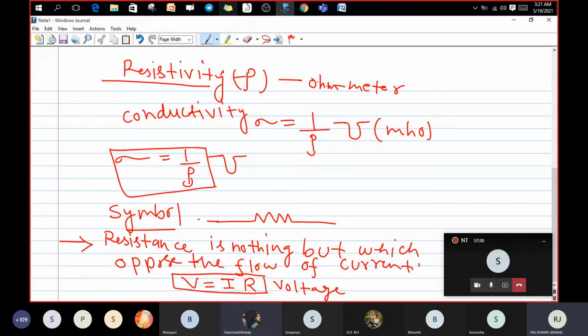You should remember this. And R equals V by I, in ohm. We need this relation because we are studying the resistor. Okay, guys, then you should write up to here. If it is okay, you tell me, sir. We have completed. Then I will go to the next.